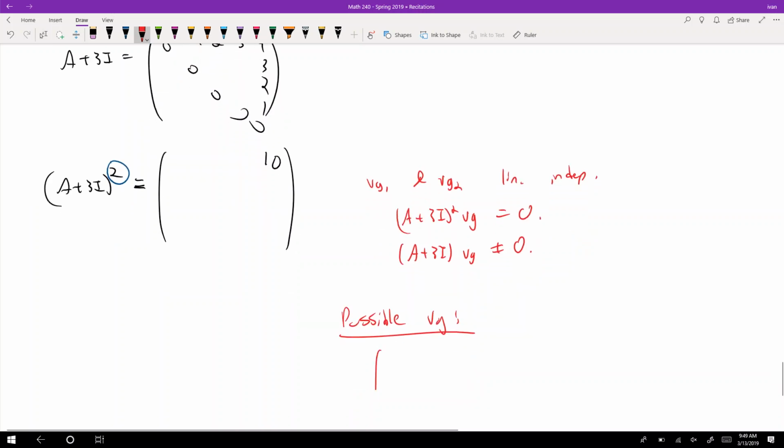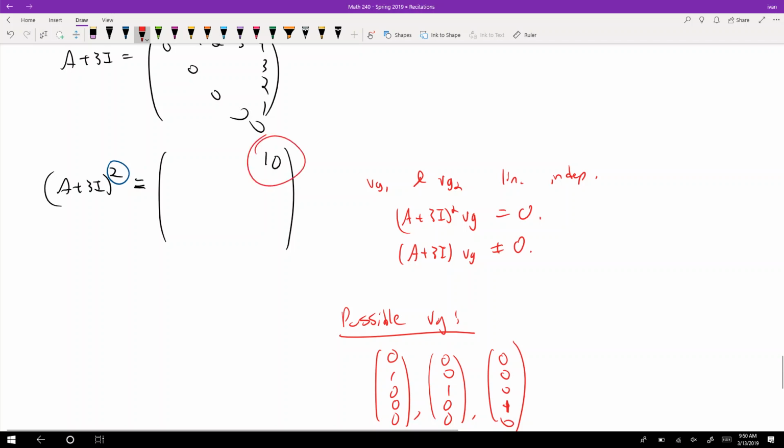So 0 1 0 0 0, 0 0 1 0 0, 0 0 0 1 0, and then what about 1 at the bottom? That one doesn't work. Why not? Yeah, you get the 10 if you have 0 0 0 0 1.